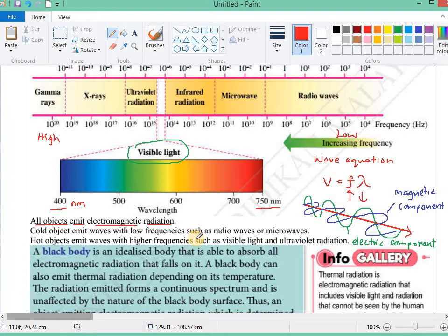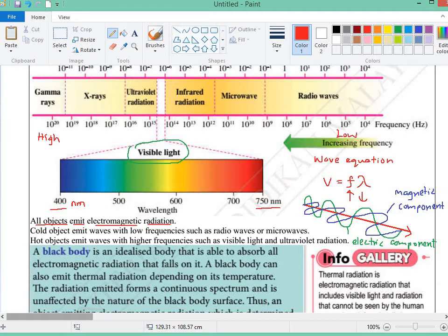Does the table emit electromagnetic radiation? The paper, the book, your cup, your food, your rice, your fried chicken, do all of them emit electromagnetic radiation? The answer is yes. Actually, everything can emit electromagnetic radiation.